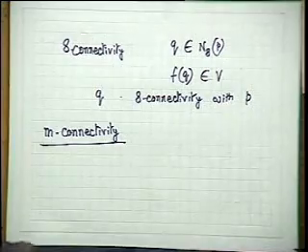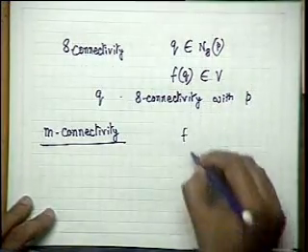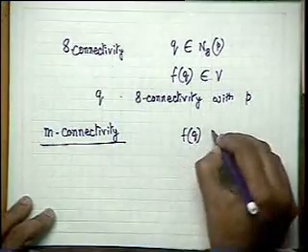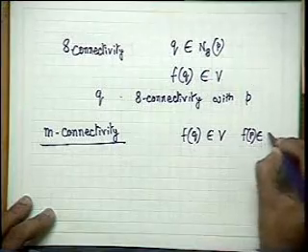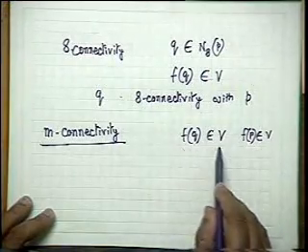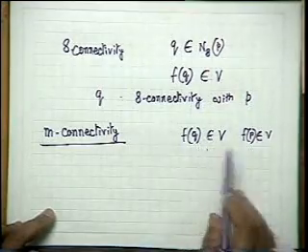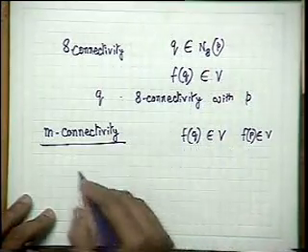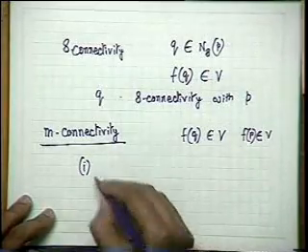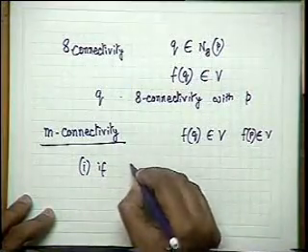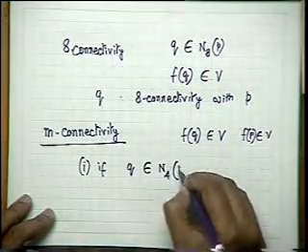The definition is like this: if I pick up a pixel Q which also belongs to this set V, so already I am assuming that f of P belongs to the set V and f of Q belongs to the set V. Then P and Q will be having M connectivity if, number one, Q belongs to the set N4P.